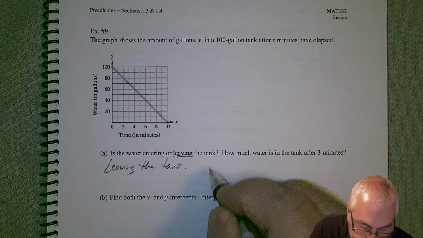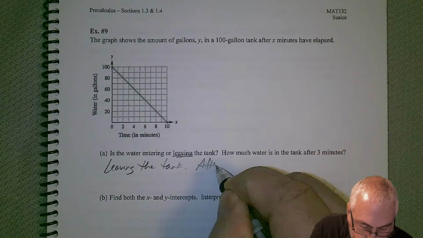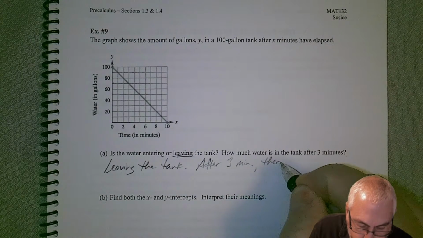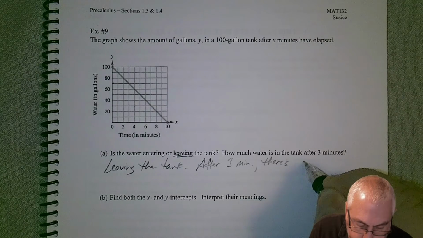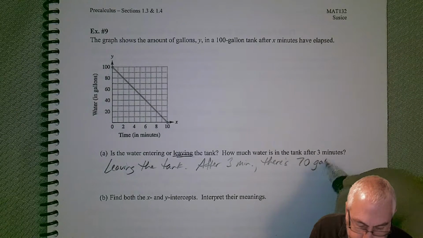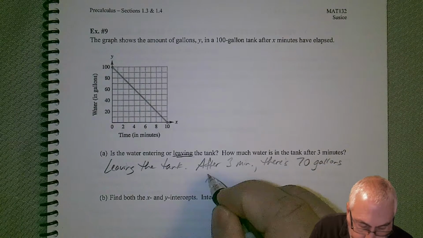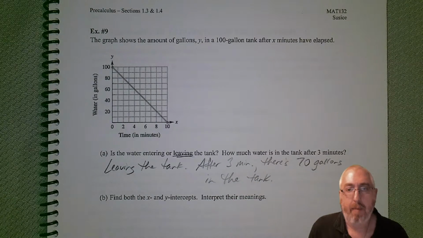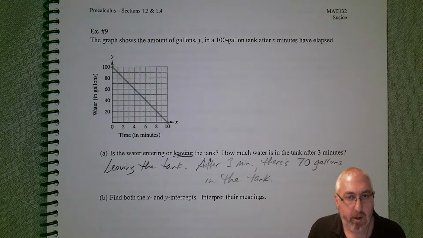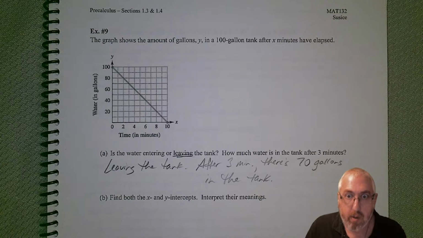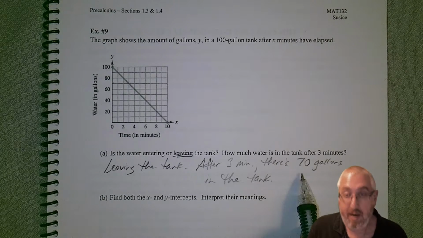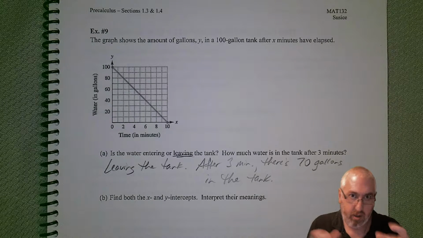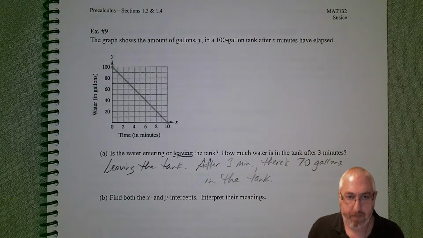So after 3 minutes there's 70 gallons in the tank. Now I'm being very verbose here, but it doesn't hurt to write things out in a sentence. You could have said 70 gallons and that's answering the question, but it's nice to make sure you understand the context of the question as well.